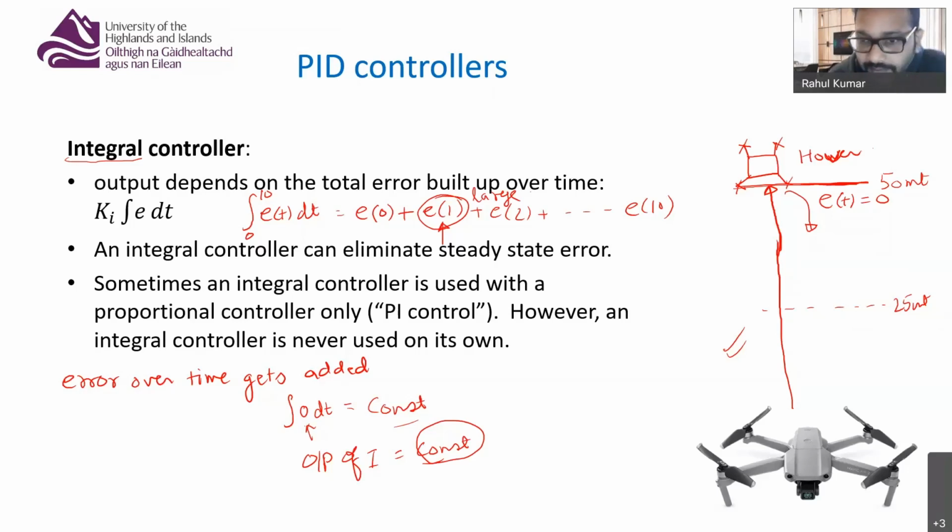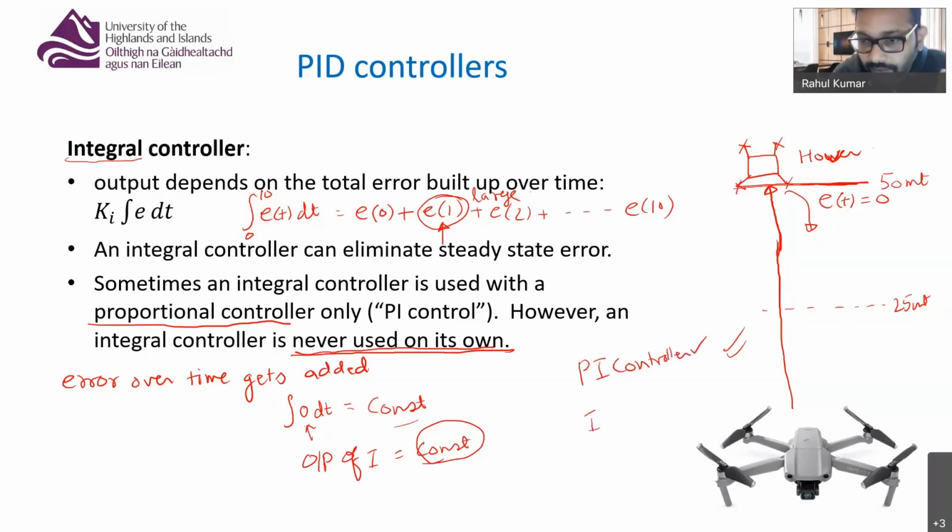And that is why this integral controller is never used alone, or never used on its own. That means you cannot have only an integral controller. You have to use a proportional controller along with the integral controller. So you would have a PI controller, right?